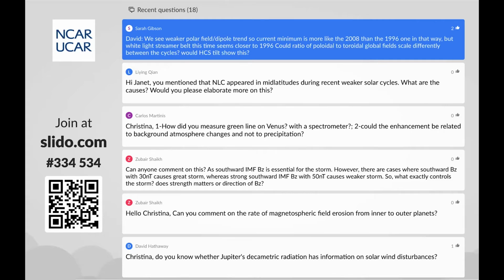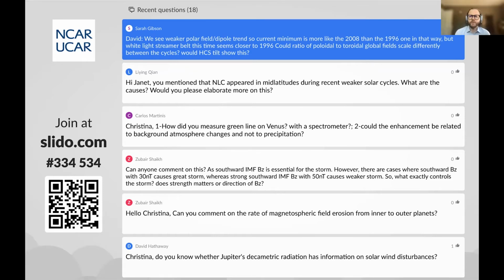And yet 2009, just after that, was one of the lowest minimums ever. I guess a similar thing happened in this minimum. There were quite a lot of high-speed streams, with active regions emerging very late in the cycle.